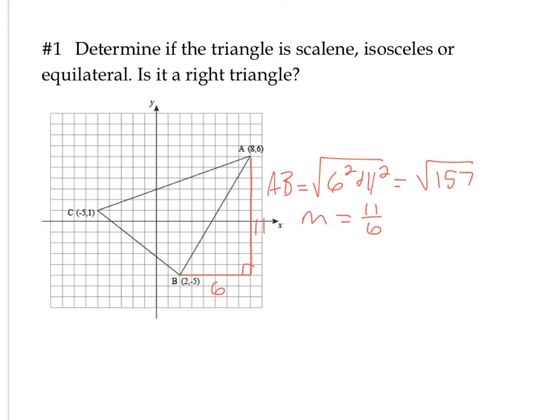Then let's talk about side BC over here. BC is going to have a right triangle there, where BC is now the hypotenuse of this right triangle with lengths of 7 and 6 for the legs. So we're going to have the square root of 7 squared plus 6 squared.